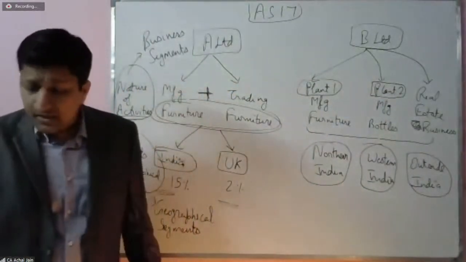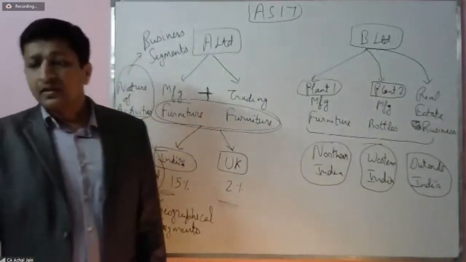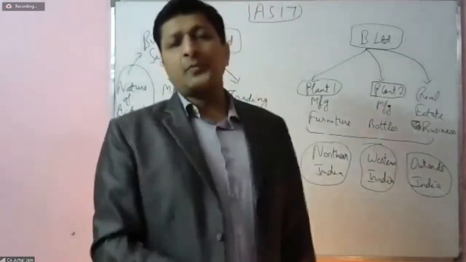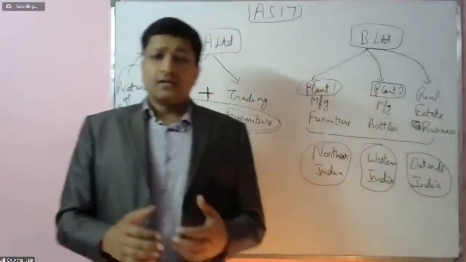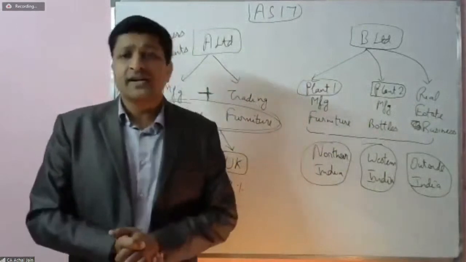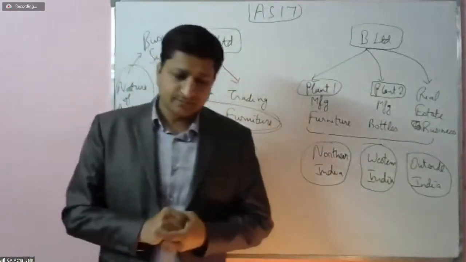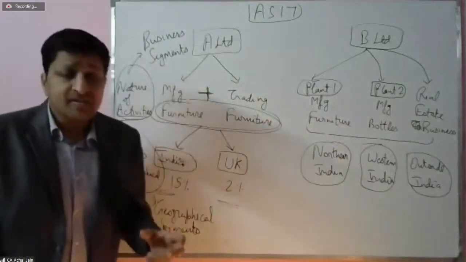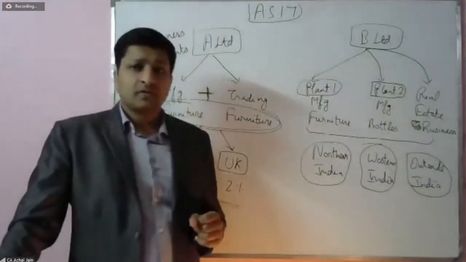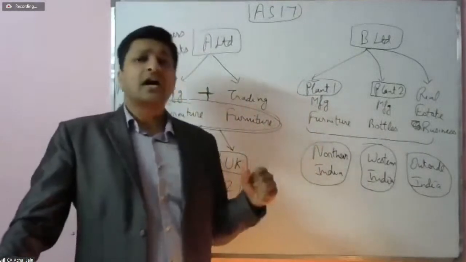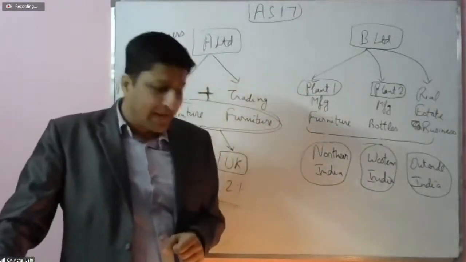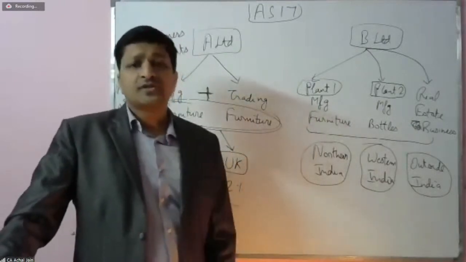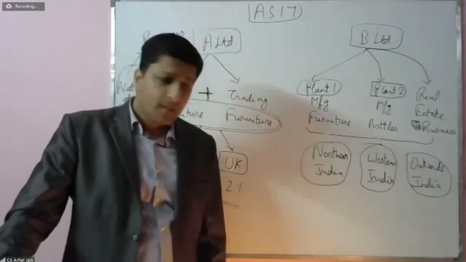In this case, standard says that first of all we need to understand the management approach. Yeah, the way management is considering its segments, and we need to look at the way risks and rewards, risks and returns are identified by the management in respect of the activities it is involved in.